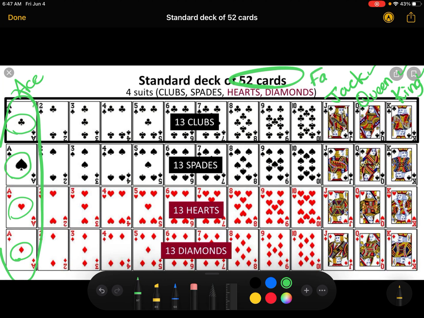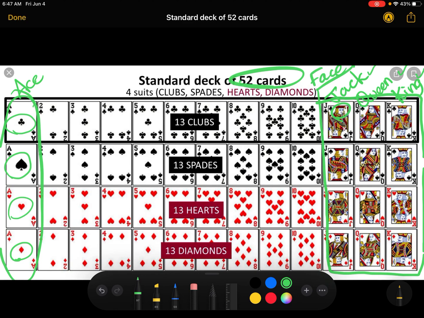Jacks, queens, and kings are said to be face cards, okay? So in the deck, we have 3 times 4, we have 12 face cards. Aces are not face cards, only the ones that have faces on them.